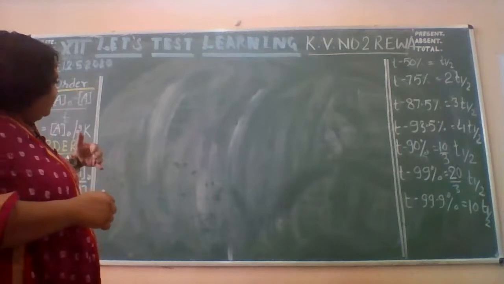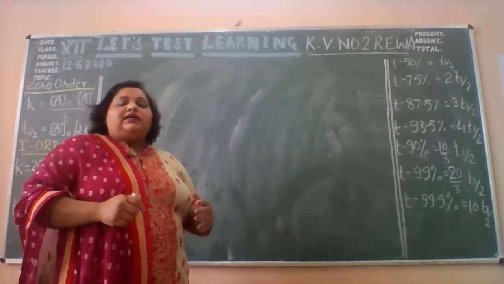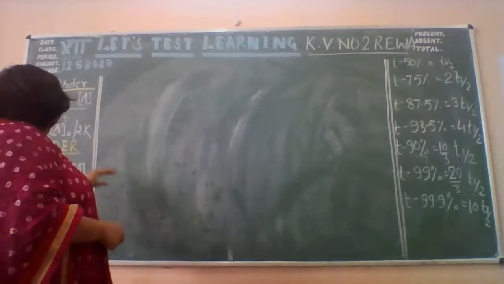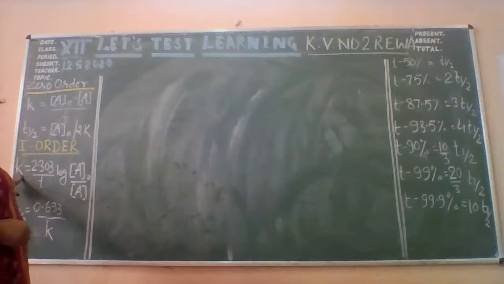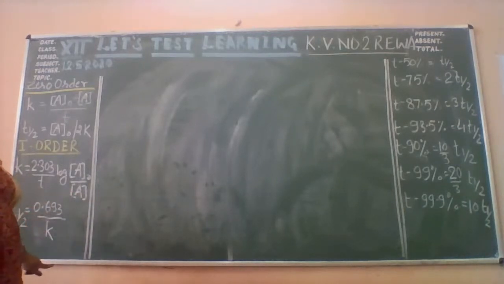So I am going to start where I left off yesterday. Yesterday, I derived the formula of the integrated rate law: k is equal to 2.303 upon t log a naught upon a, and t half is 0.693 upon k.